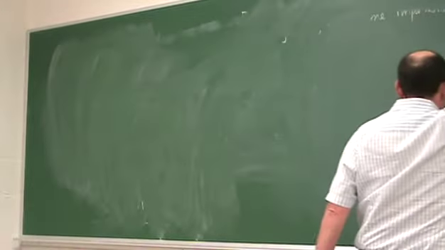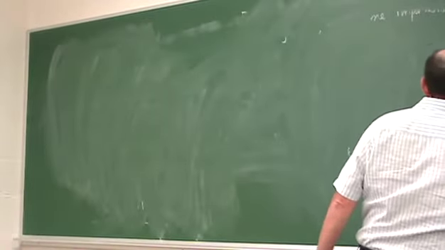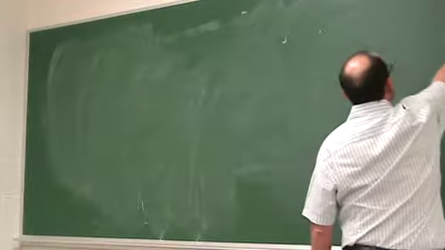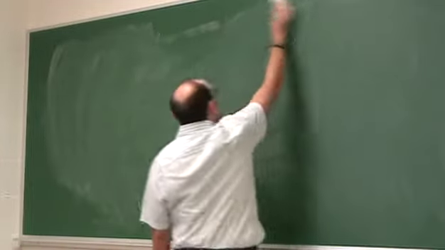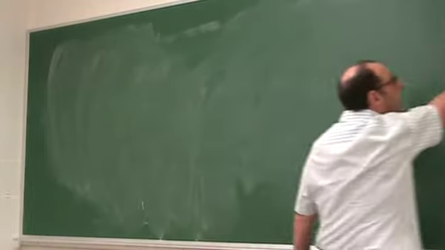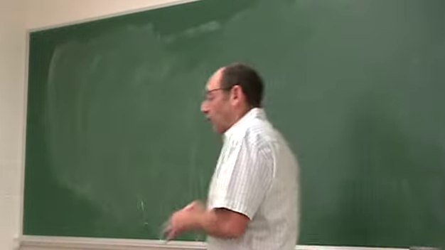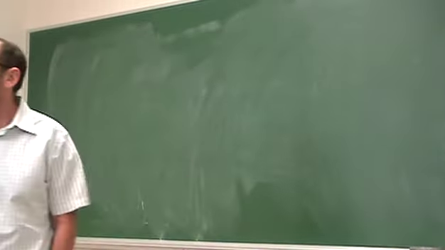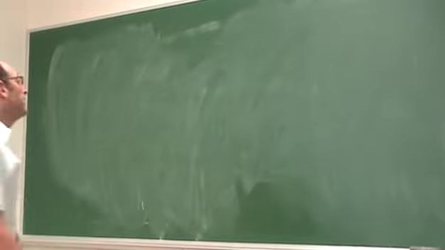And in order to do so, I want to return to the very basic description of the interaction of charges and fields. So we're going to study absorption and emission.